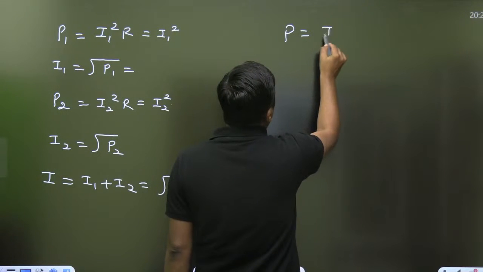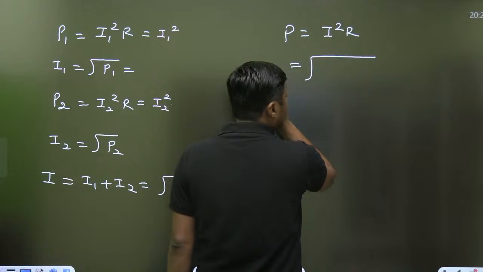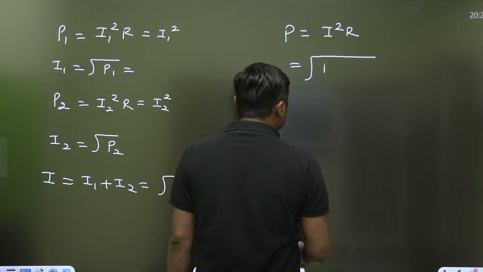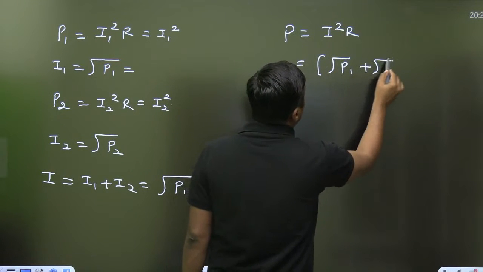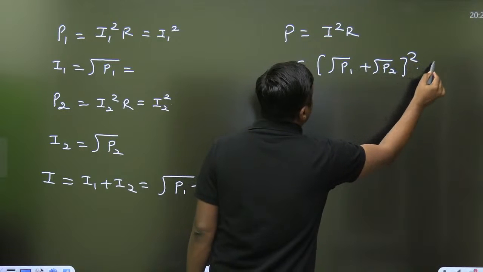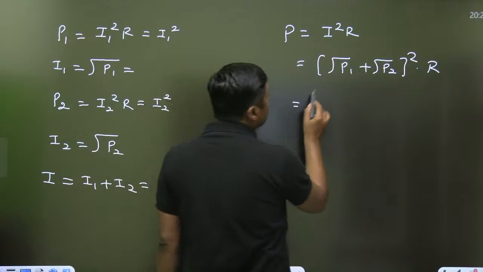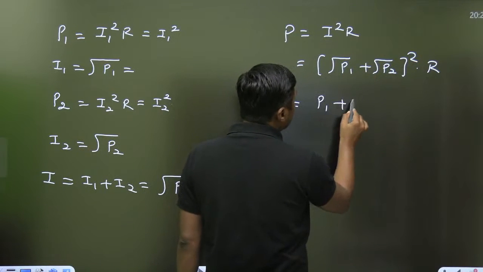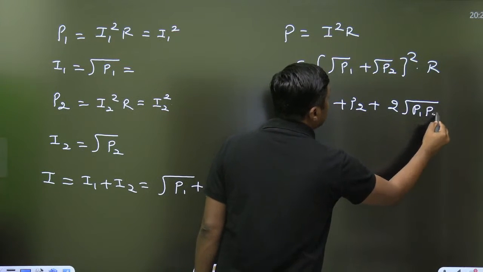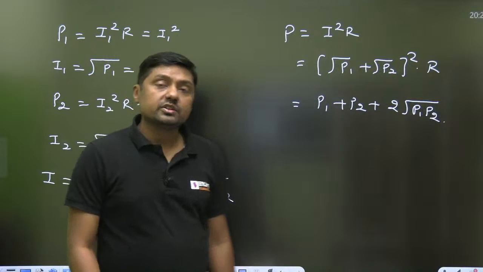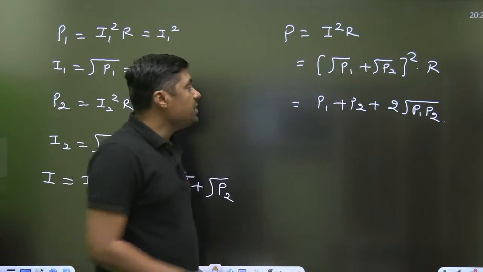Total power is given by I square into R, means root P1 plus root P2, the whole square, into R. What is R? 1 ohm. Remove this 1 ohm. Then the power, when I am squaring, is P1 plus P2 plus 2 times root over P1 P2. That is the answer for this question. Okay, that will be the answer for this particular question. So what is the P1?